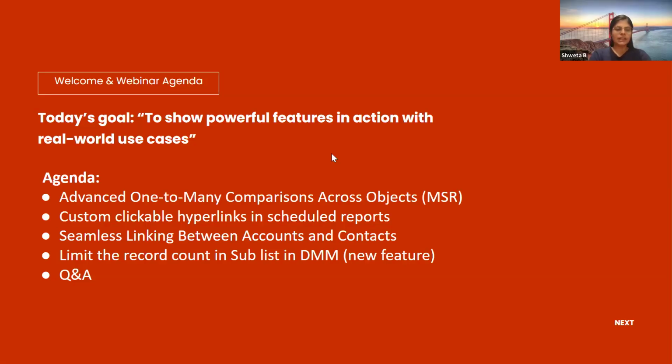The third is seamless linking between accounts and contacts using the import and export option in Apsona. The fourth is a very new feature we recently launched: limiting the record count in a sublist when you are generating any kind of document or Excel in Apsona DMA. And we'll wrap up the session with Q&A.